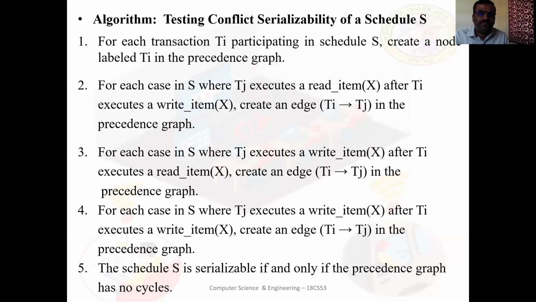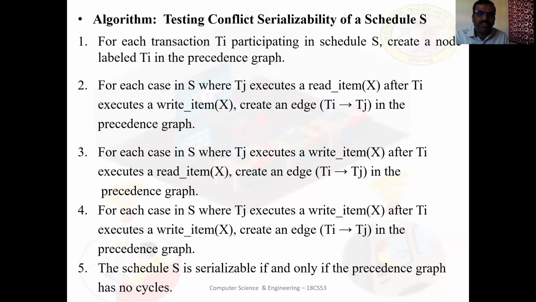In another case, for each case in S where Tj executes a write operation on item X, Tj executes the write only after Ti executes a read_item, meaning Ti executes a read operation on item X. Here we create an edge from Ti to Tj in the precedence graph.